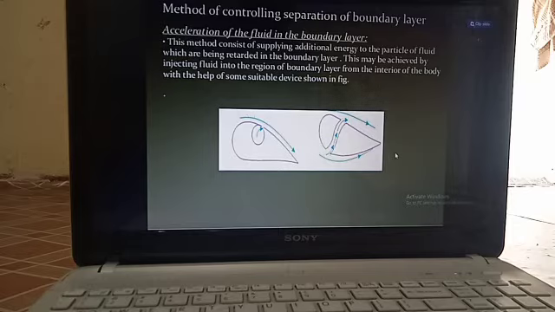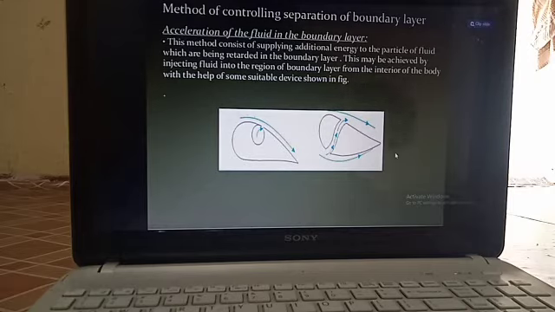This is achieved by injecting fluid into the region of the boundary layer from the interior of the body with the help of some suitable devices, as shown in the figure.